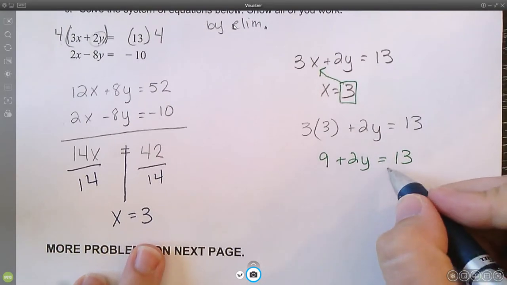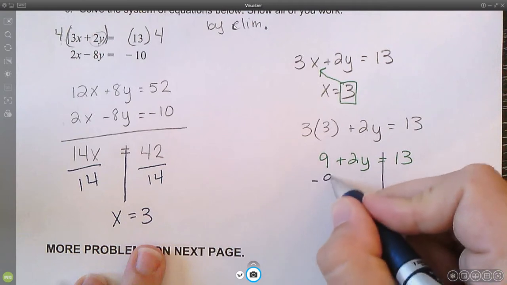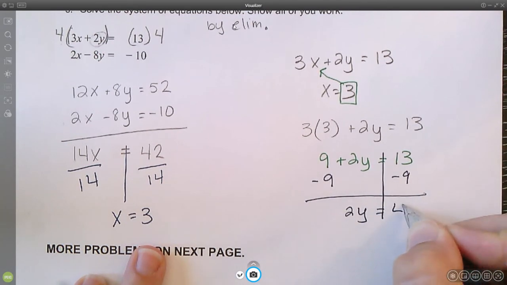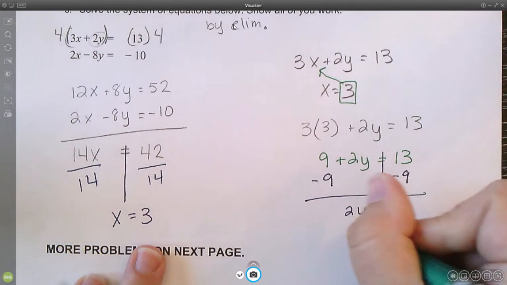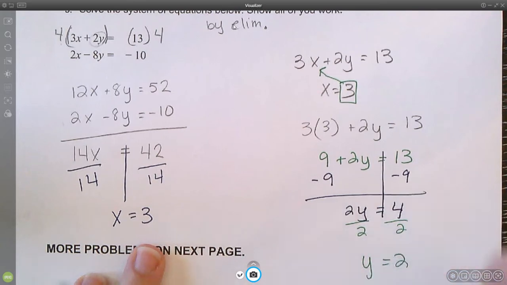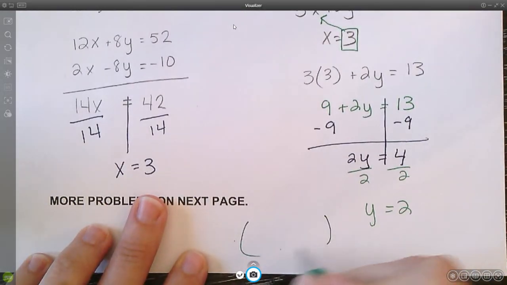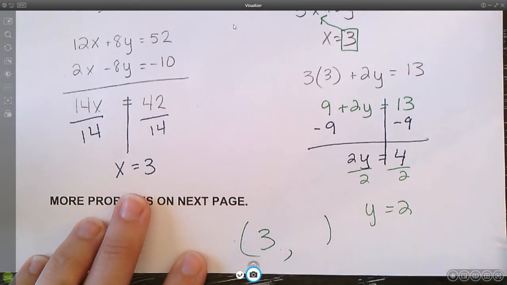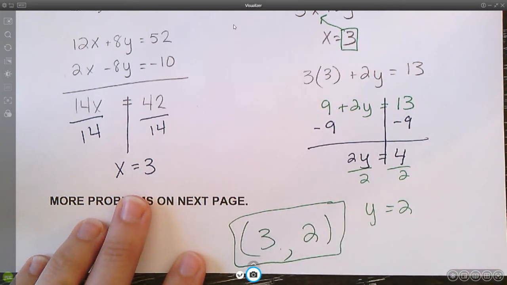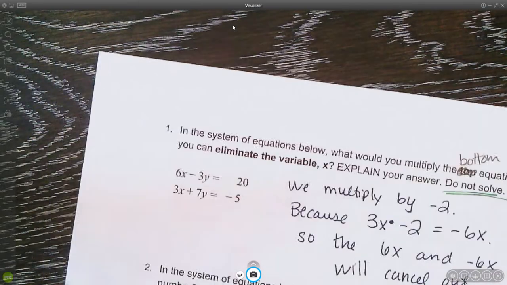Draw your line down the middle. Subtract 9 from both sides, and we get 2y equals 4. Divide both sides by 2, and we get y equals 2. So our final answer, remember it's a coordinate point, is going to be 3, 2. Okay, moving on to the next page.